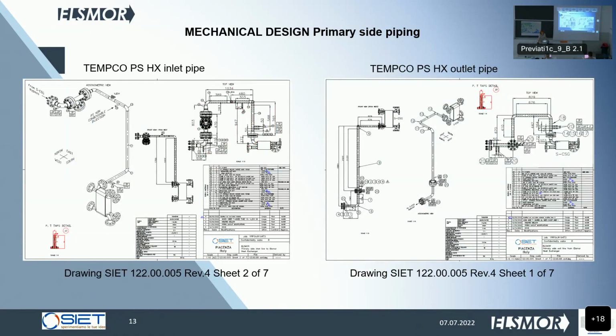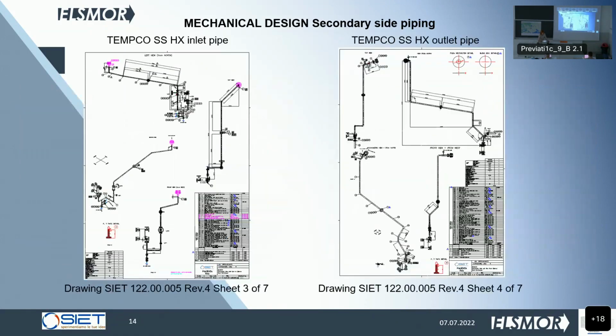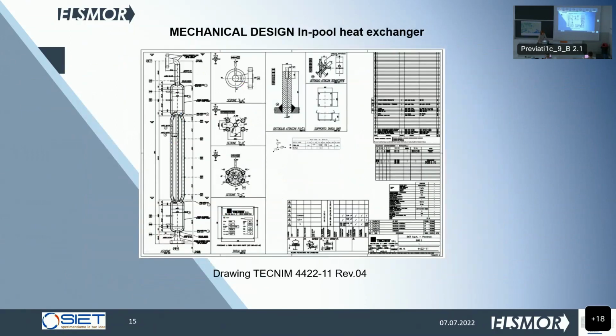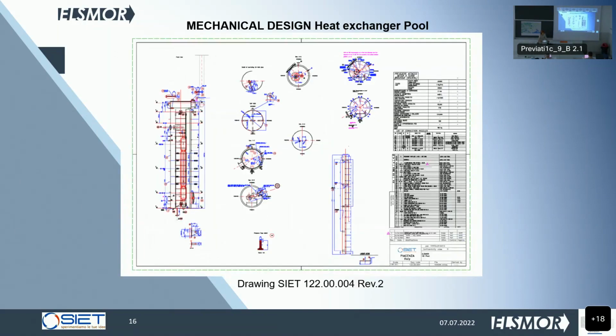I don't go into the details of these drawings. I have reported them just to give an idea of what is behind the fabrication of a test facility. Here we have the drawing of the vertical tube heat exchanger. We have the drawing of the pool.